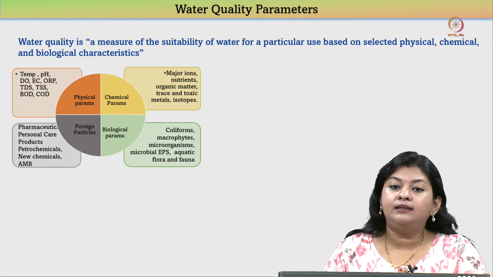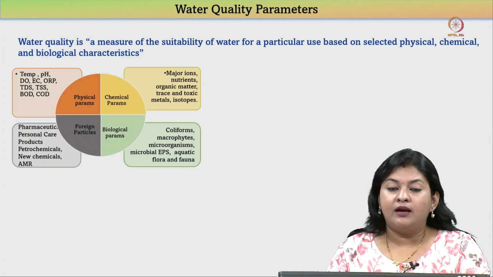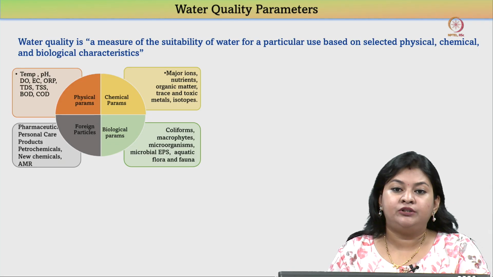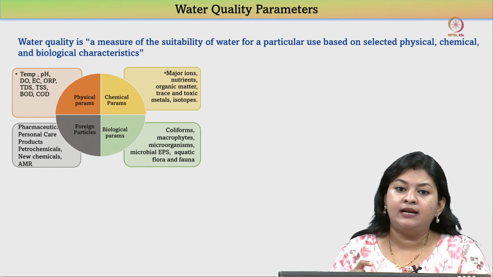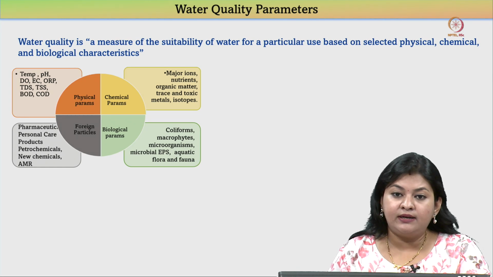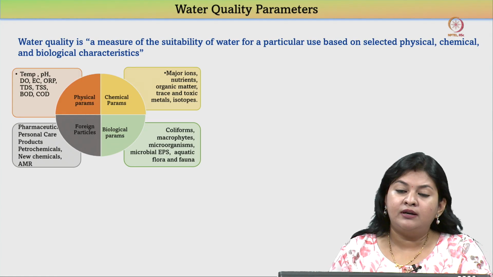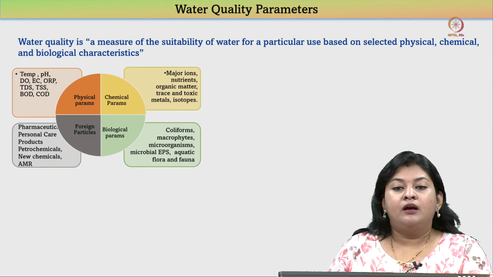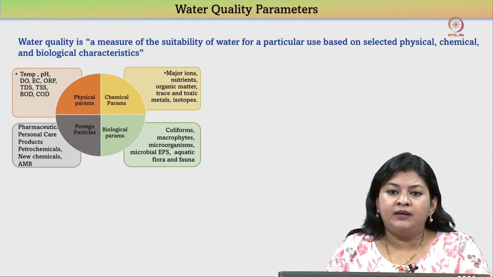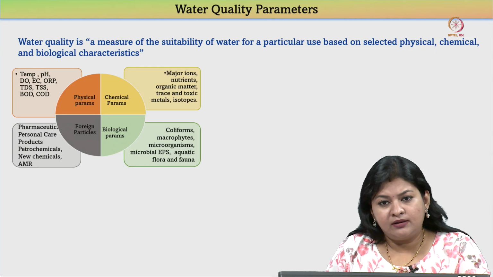So, even for bathing there is a certain limit. That exposure, as we say, what is your exposure duration, and based on that a certain limit is calculated, and if the water meets that limit, then you say this water is of bathing quality, yes or no. For industrial purpose, if they are using it just as a coolant, then there need not be any desirable chemical limit.